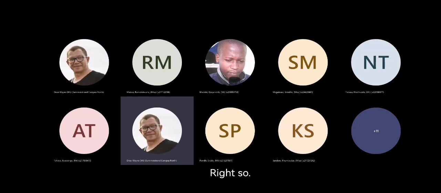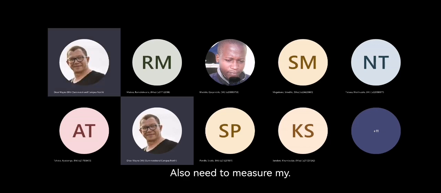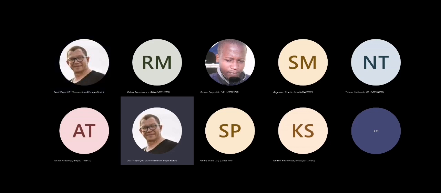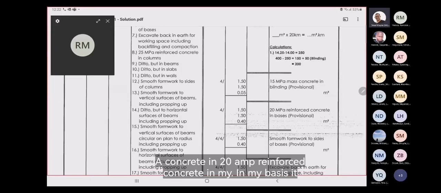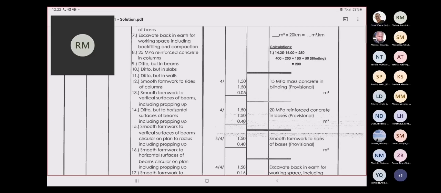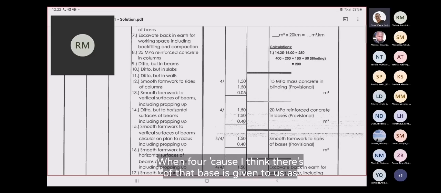So I also need to measure my 20 MPa reinforced concrete in my bases. It's just that we find on top of our blinding, which is 1 meter 500 by 1 meter 500 by 0.4, because the thickness of that base is given to us as 400 thick.